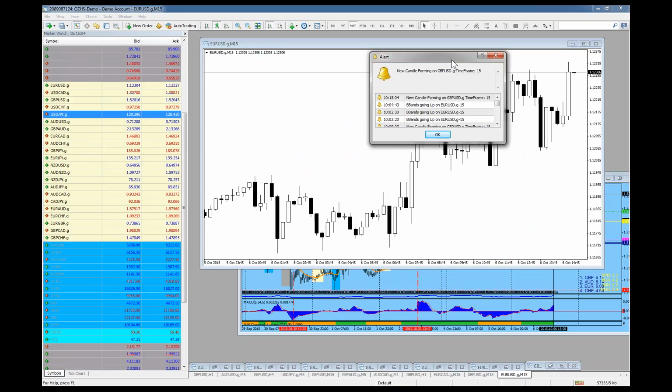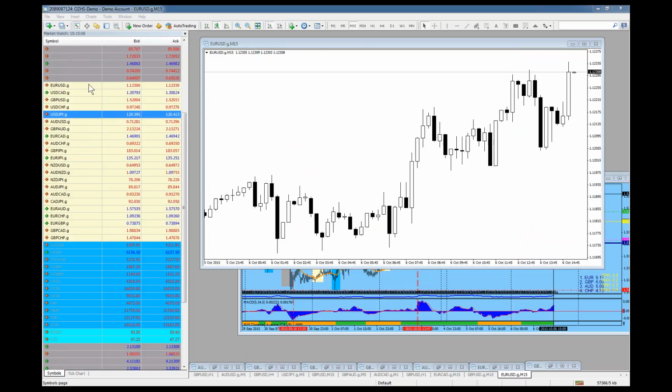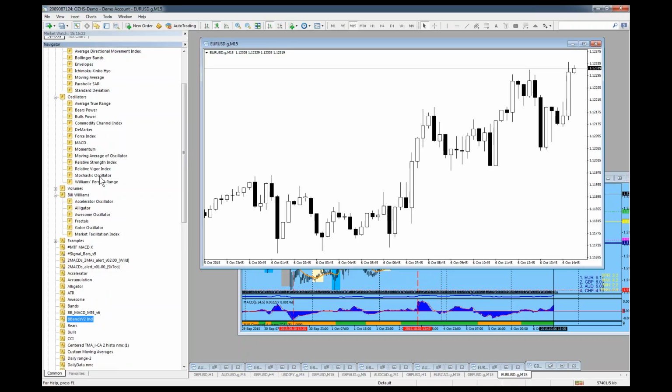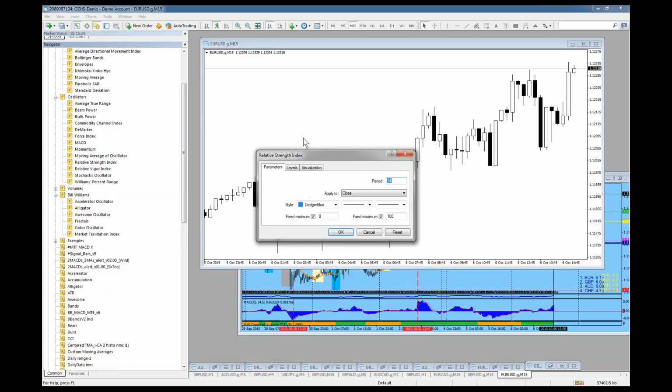That's the new candle alarm, that's a different one. Okay, so file. I'll do it this way. And I'm looking for my regular RSI. Oh, that'd be here. Relative strength index.